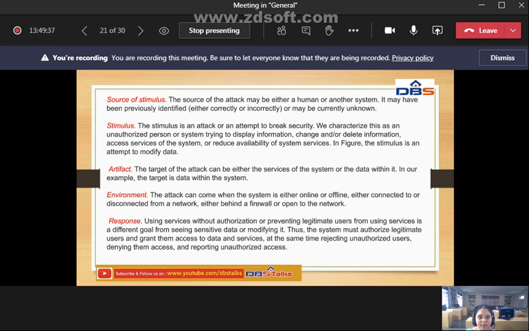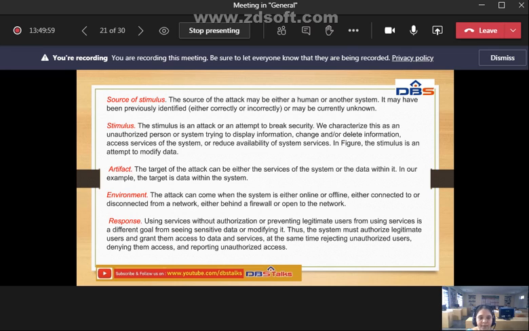Thus the system must authorize legitimate users and grant them access to data and services. We need to give permissions to the particular authorized or legitimate users to access the data and services.